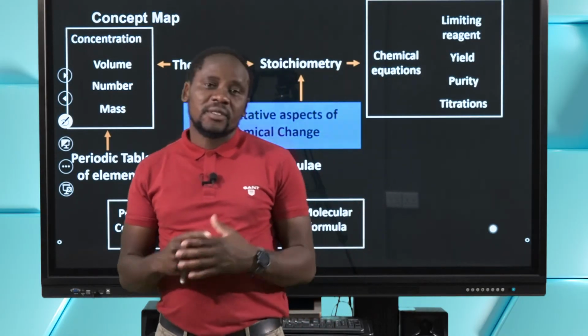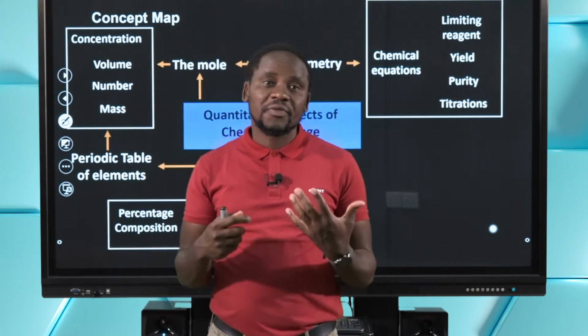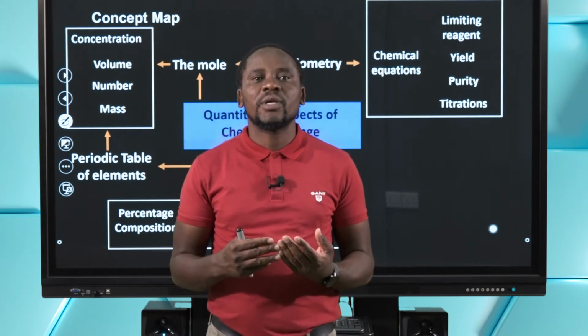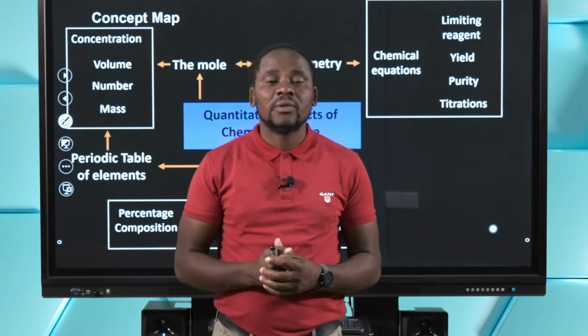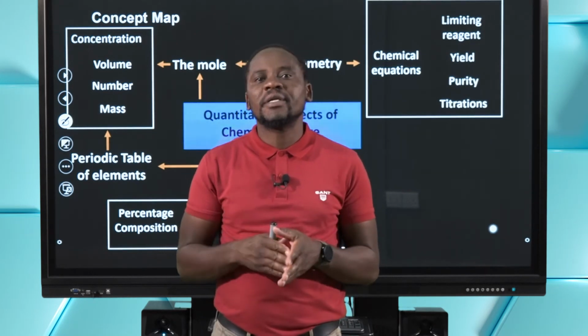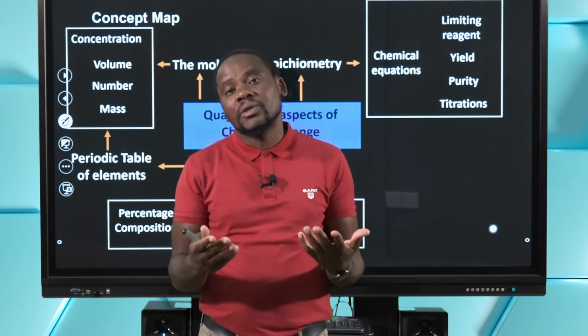Welcome back. We're still looking at calculations that have to do with the reactions of acids and bases. But we also want to understand some of the aspects that are important as far as what exactly happens when acids and bases react with each other in the context of titrations.